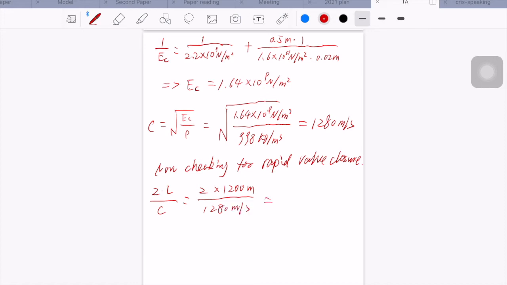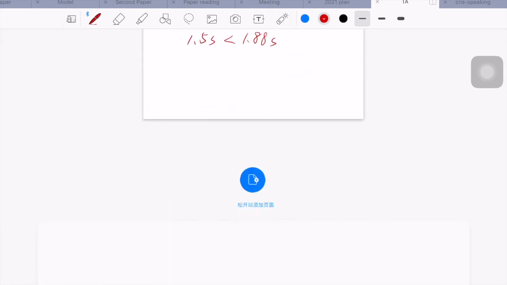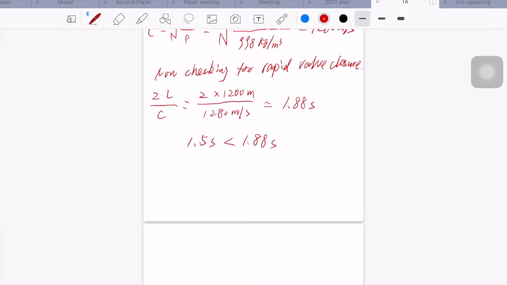So this value equals 1.88 second. And we know the 1.5 second is less than the 1.88 second. So therefore it is a rapid valve closure.